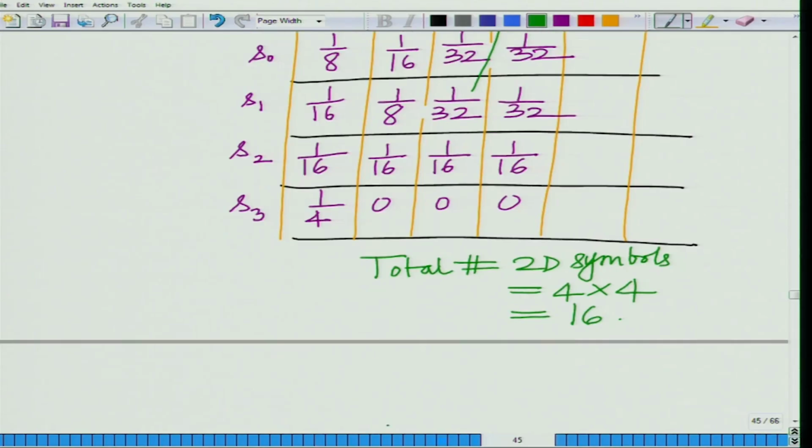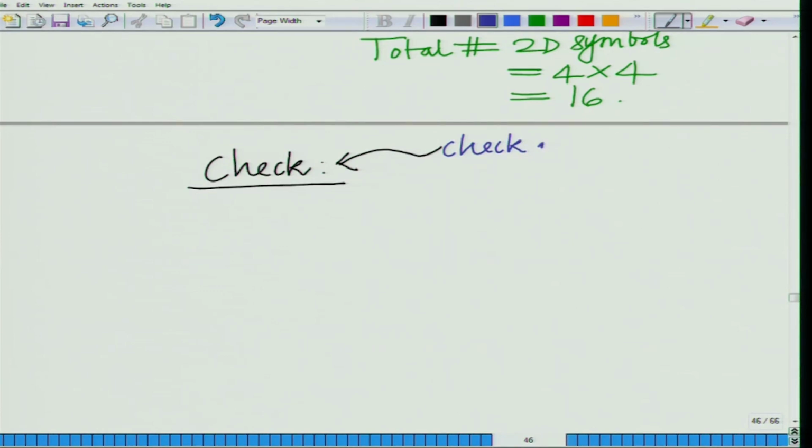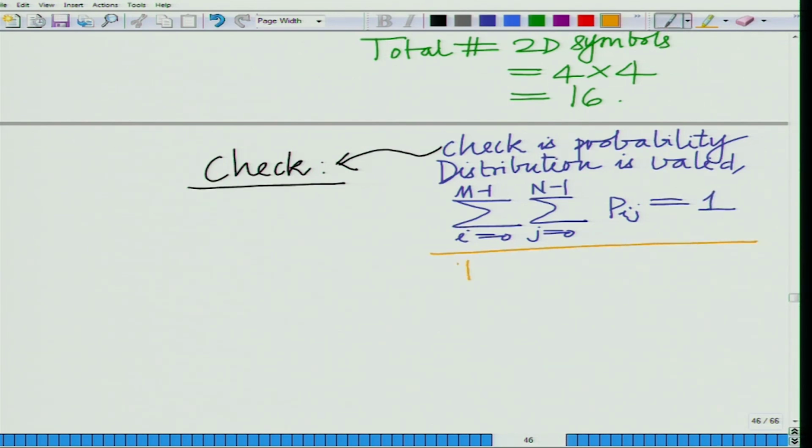And now just to make a check, of course, we know that the total probability must be equal to 1. You can check this to see if it is a valid distribution, that is, to check if the two dimensional probability mass function, we must have summation i equal to 0 to m minus 1, summation j equal to 0 to n minus 1 of Pij equal to 1, and we know this from our total probability.